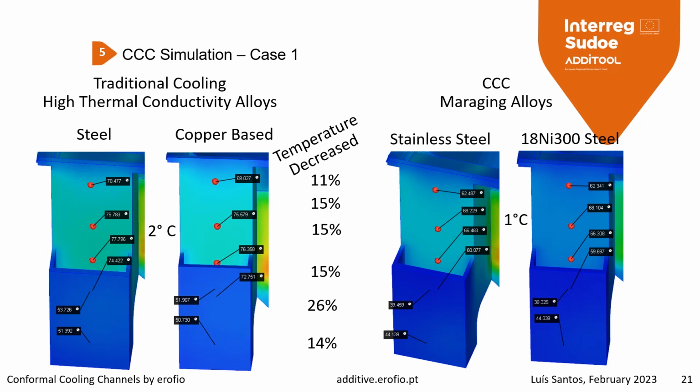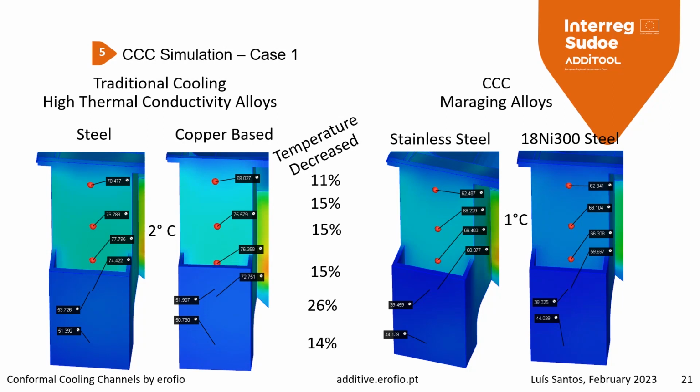On the right side, we have the conformal cooling channels. We are comparing two maraging steel alloys. One is stainless, the other isn't. The most important thing is that between the maraging alloys we don't see a big difference in the results, but between the conventional cooling and the conformal cooling channels, we can achieve a bigger difference.